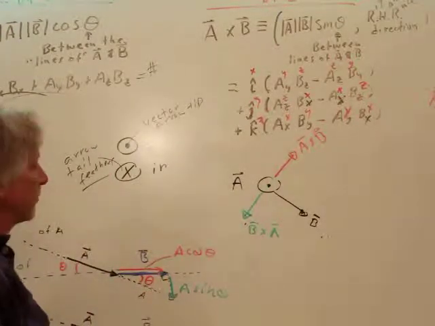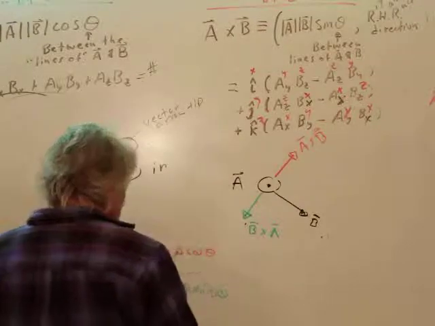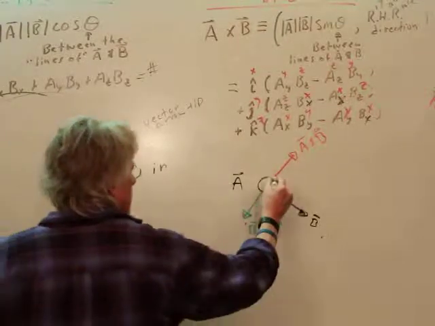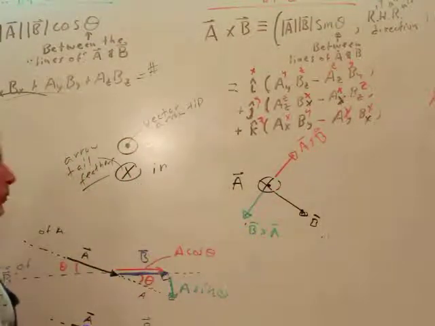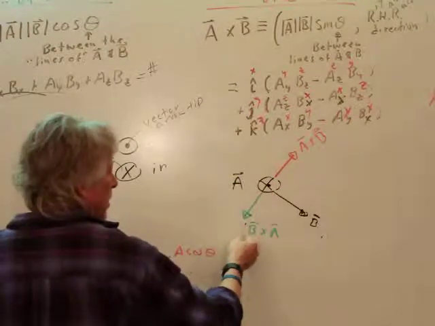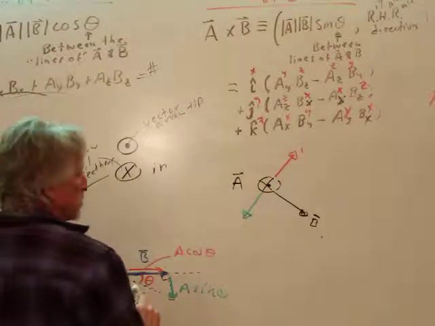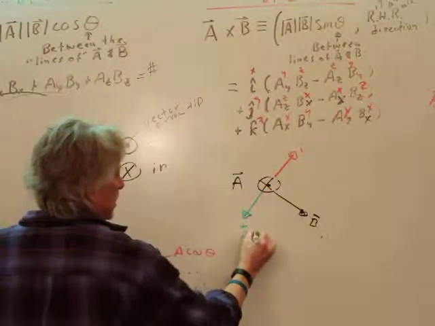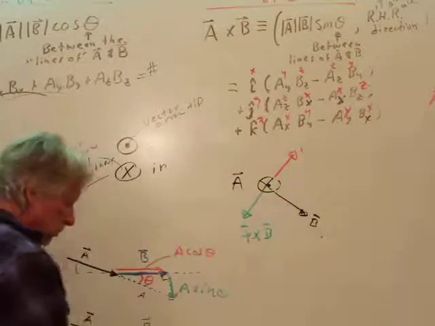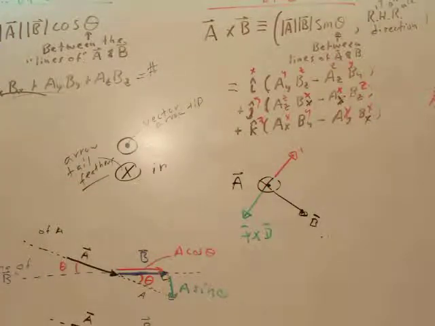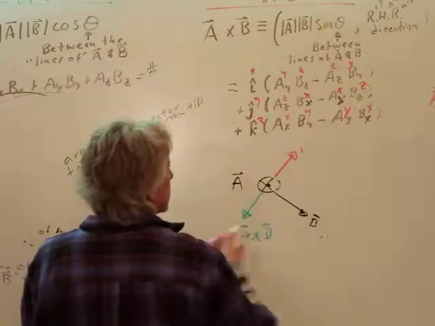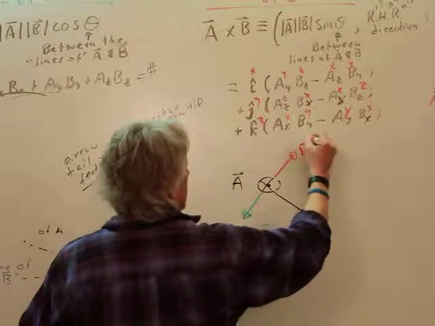So what happens if I flip A? If all of a sudden A is inside, going into the board. Well, prove to yourself that if I flipped A, then I've flipped these guys. So now this would be A cross B, and this would be B cross A. But still, it's perpendicular to that plane.